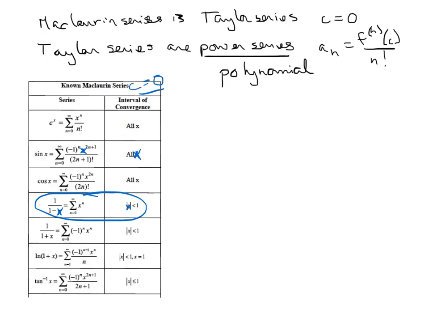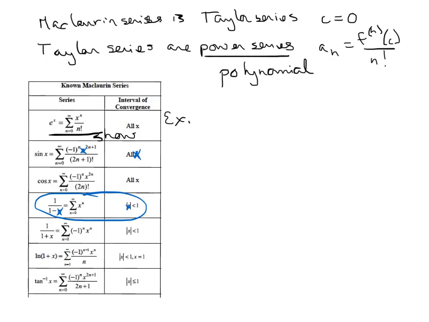All right, so let's do an example. Sorry, I didn't want that big of a line. Let's show that this e to the x series is true, and we're going to show it using the definition of Taylor series.